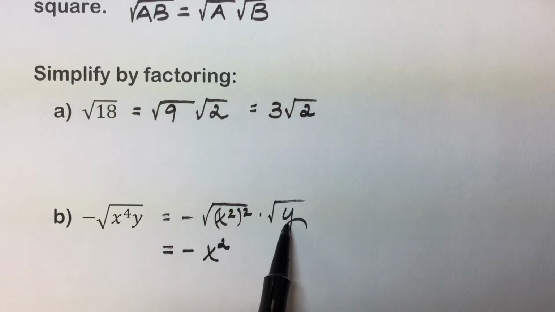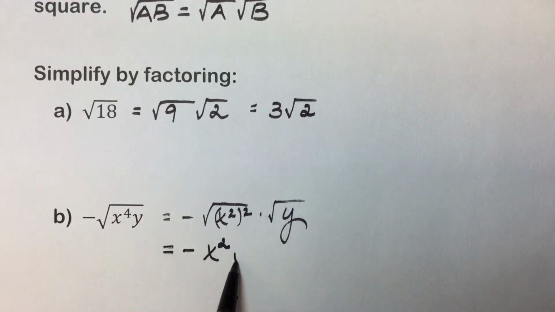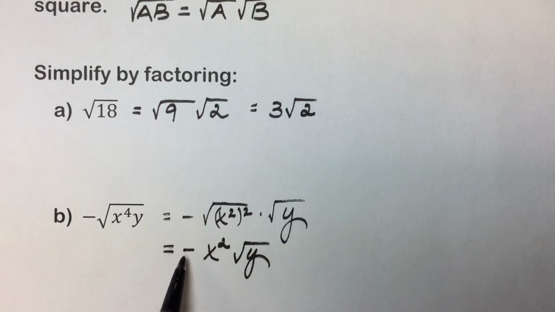And since this cannot be simplified, the only factor is 1 and itself, we'll leave the radical square root of y for that term. Our final answer then, negative x squared times the square root of y. We're making an assumption that no radicands were formed by squaring negative quantities, and because of this assumption, we do not need to use absolute value symbols when simplifying.